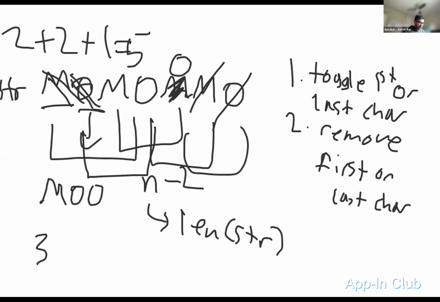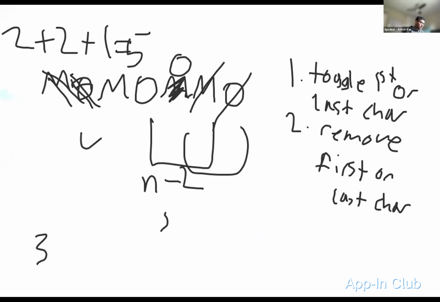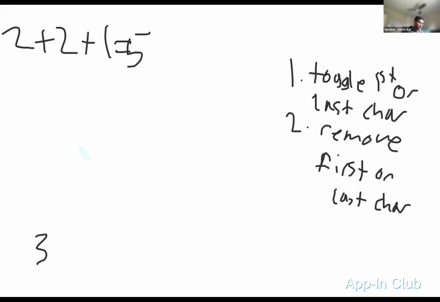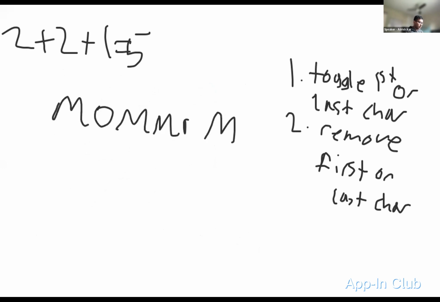So actually it's kind of cluttered, so I'll just erase some stuff. And then knowing this, we can iterate through the entire string for each of the n-2 positions.